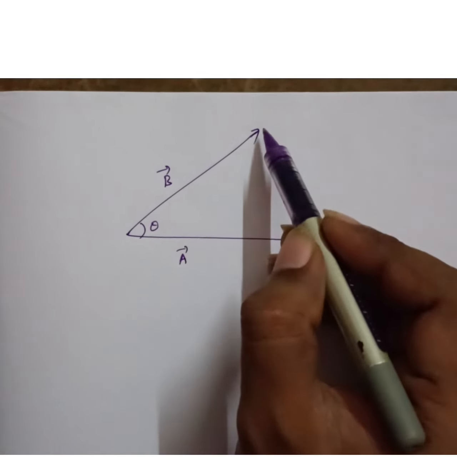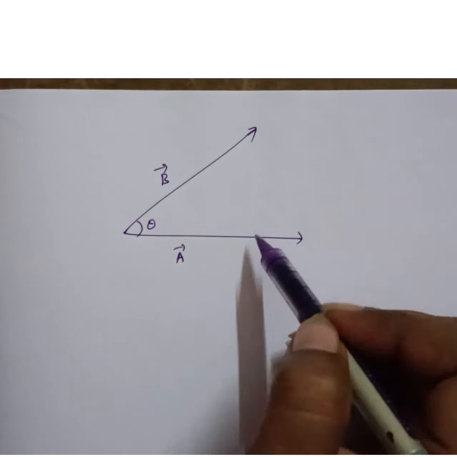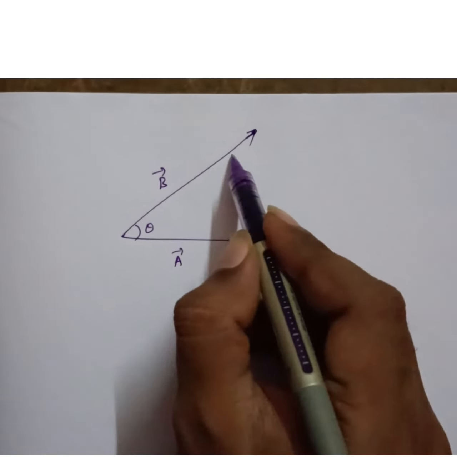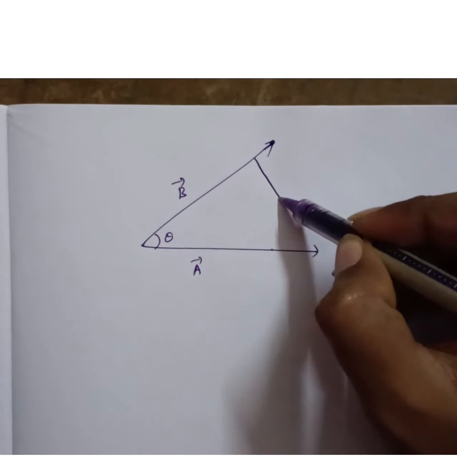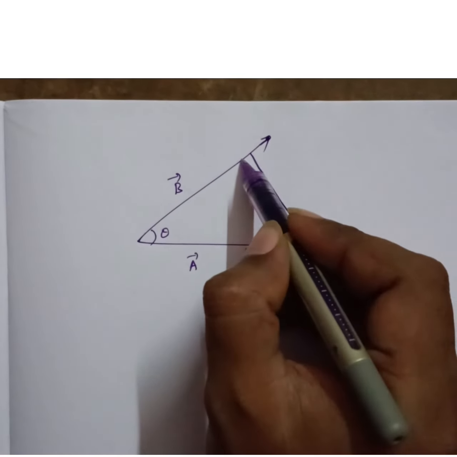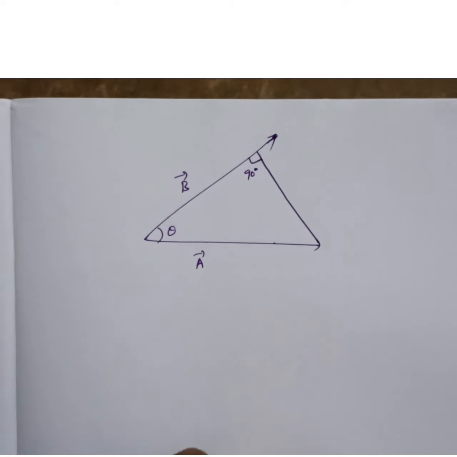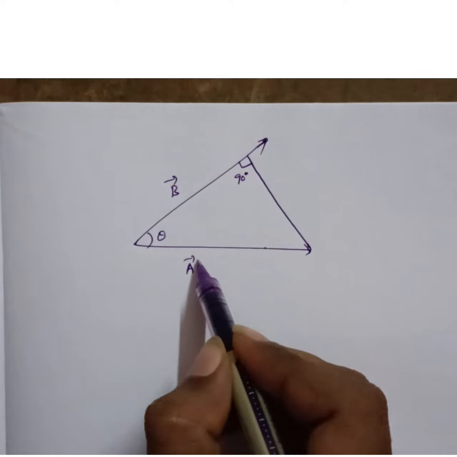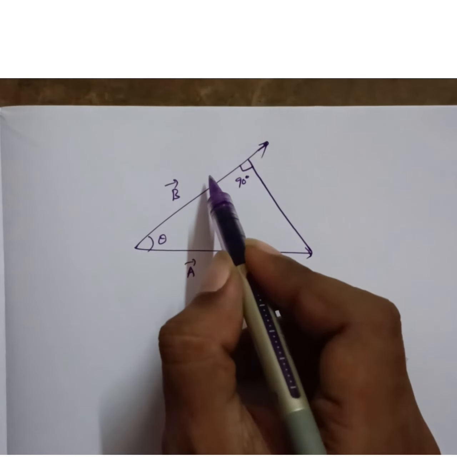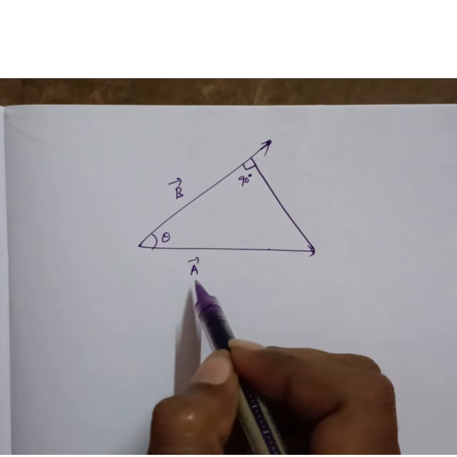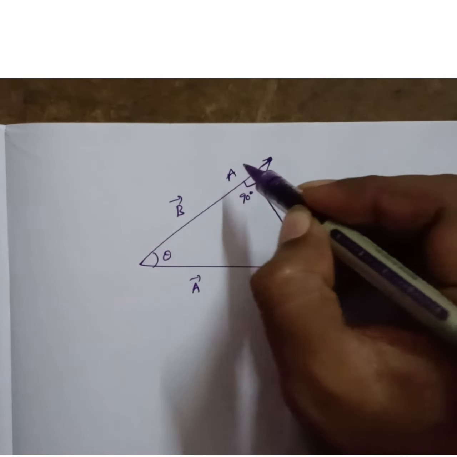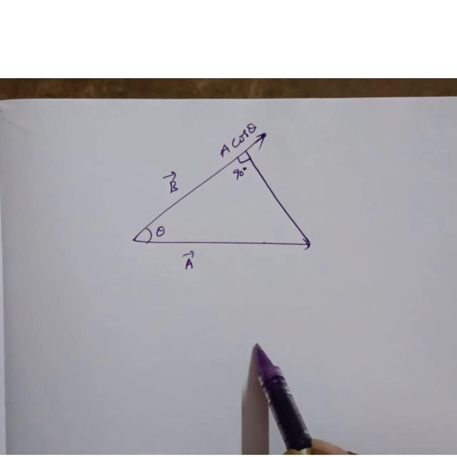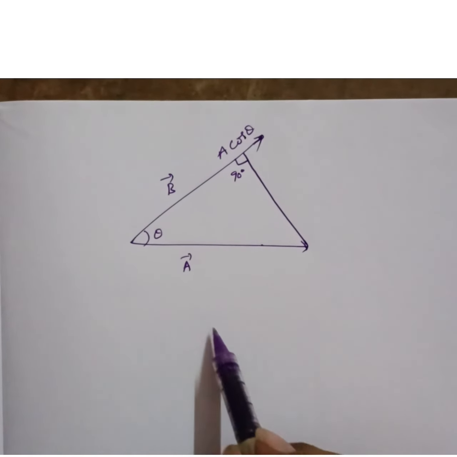In the previous case we have taken the perpendicular like this, perpendicular to a. Now if you do the reverse, with the perpendicular drawn from a to b, it is making 90 degrees with the b bar vector. Now this is a bar, it is a vector. The component of a bar in the direction of b bar is a cos theta, because a vector is resolved into two perpendicular components.